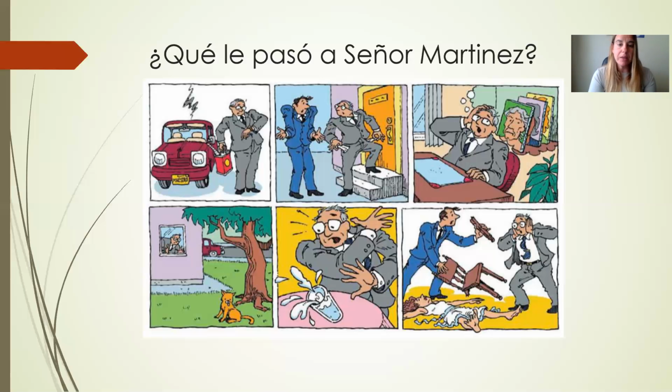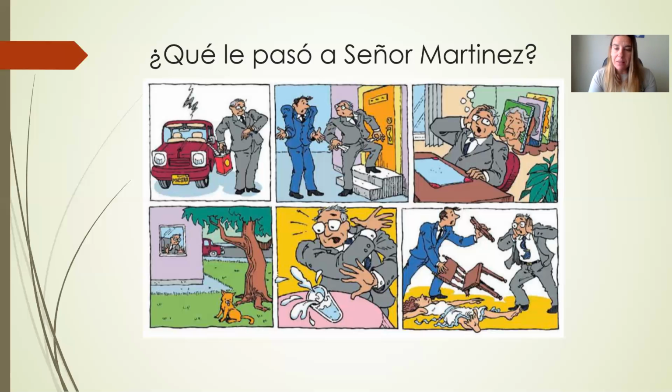Se le escapó el perro. Hopefully this is starting to make a little bit more sense. He spilled his drink, but of course he didn't do it. It happened to him. It happened upon him. So, se le cayó la leche. Looks like milk. Se le cayó la leche.